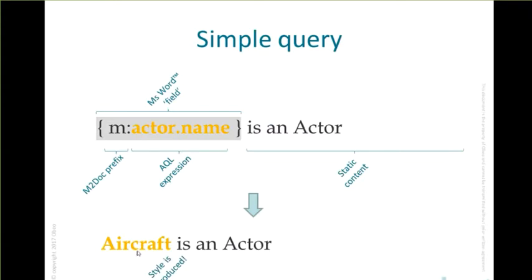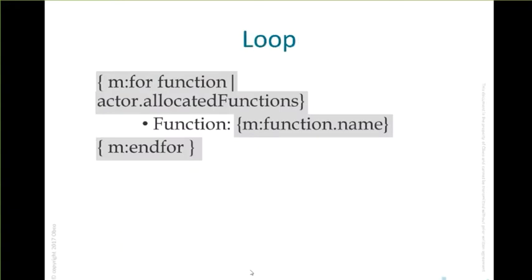Please note that the style that is applied to any part of the document, including fields, is reproduced in the output document. So you can generate text that is bold, italic, colored, and so on. Of course, there is a notion of loop in M2Doc. So you will use the for syntax to loop over elements in the model.